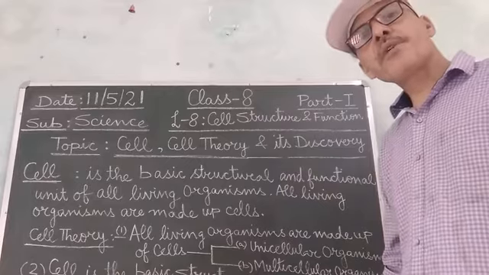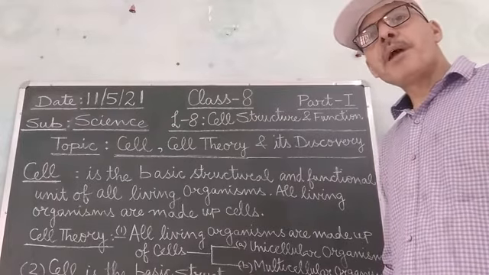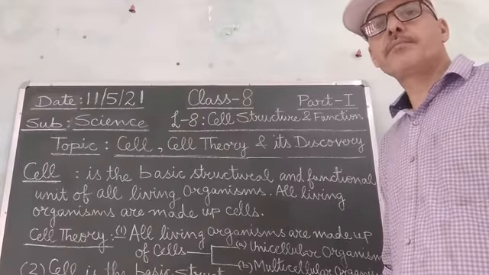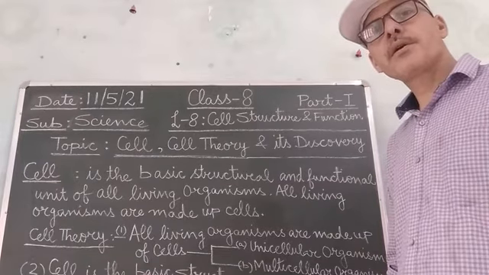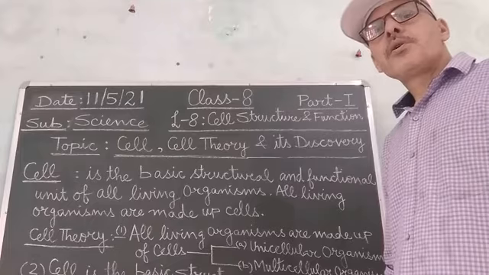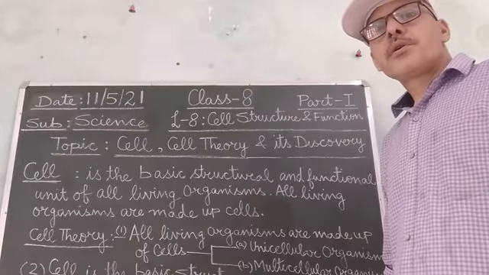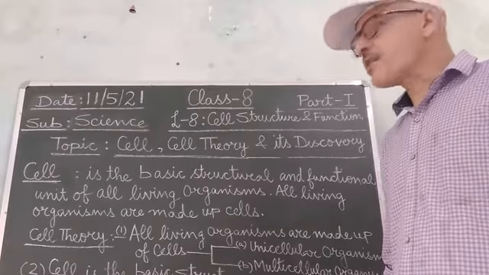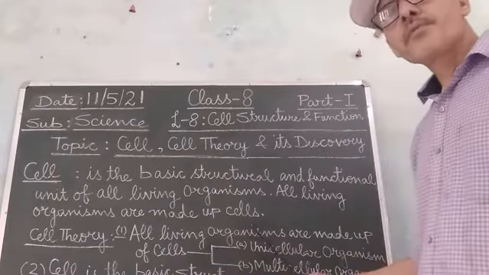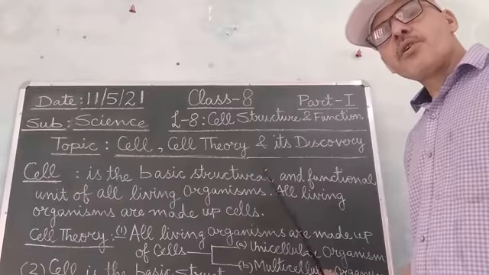In the body of every living organism, many types of cells are found, and there is variation in the number of the cells which are involved in the formation of the body of every living organism.